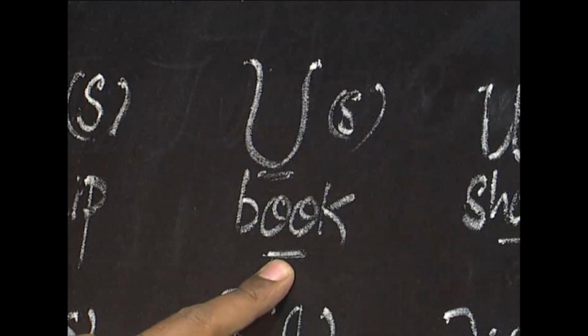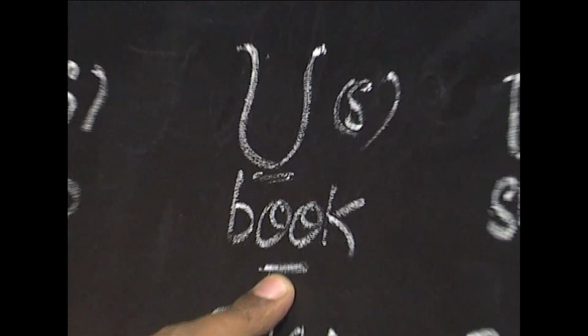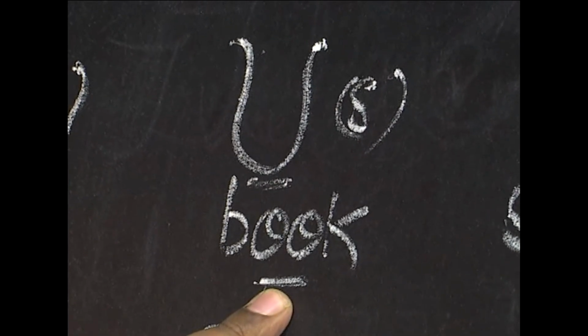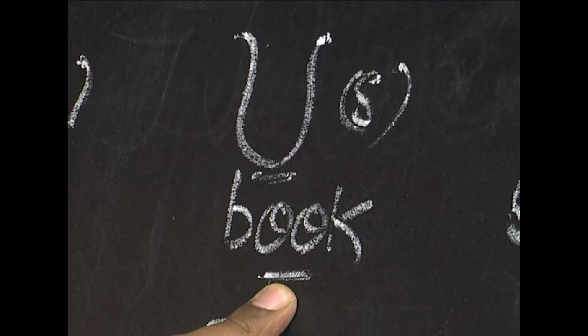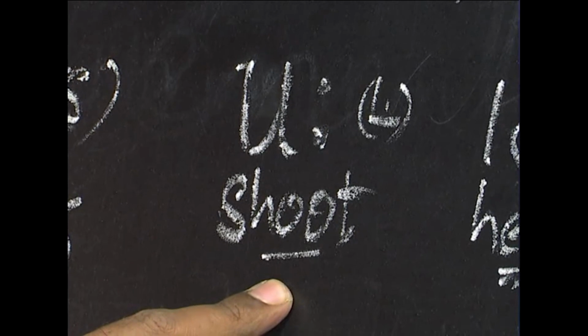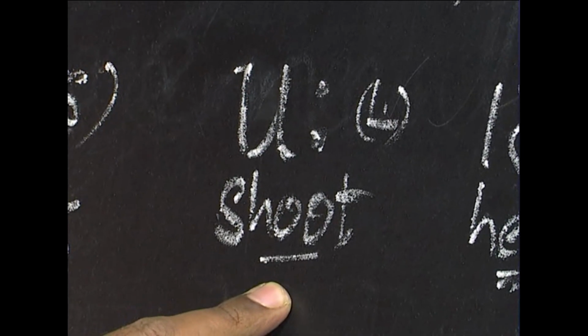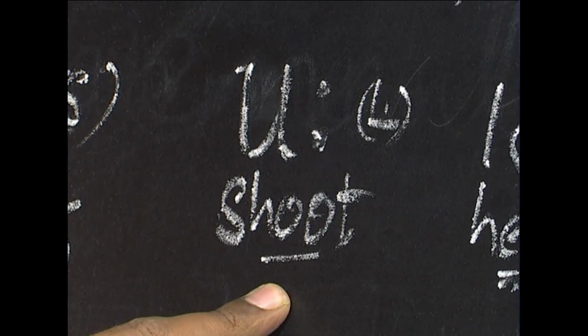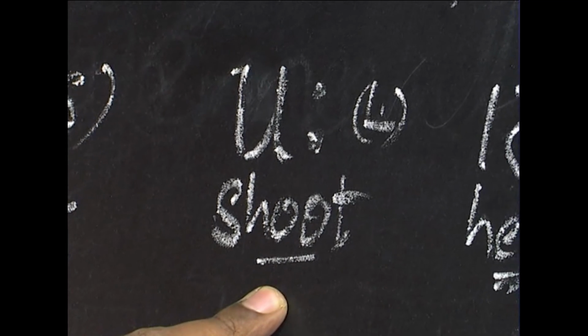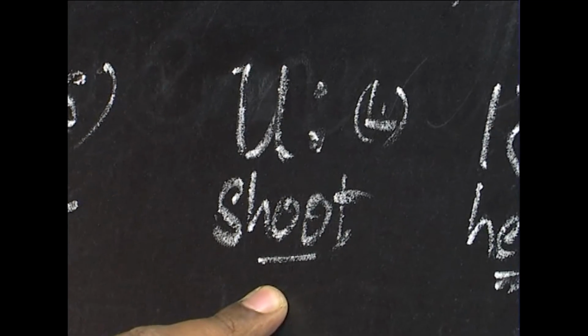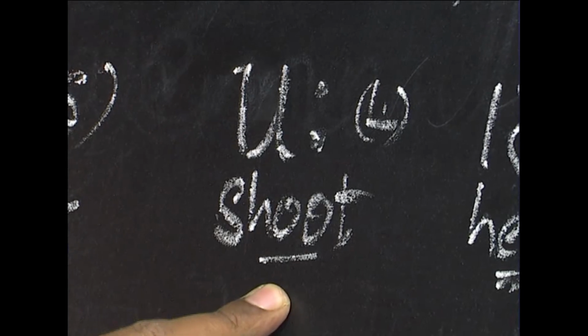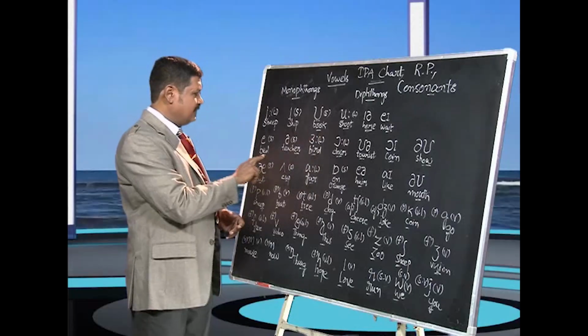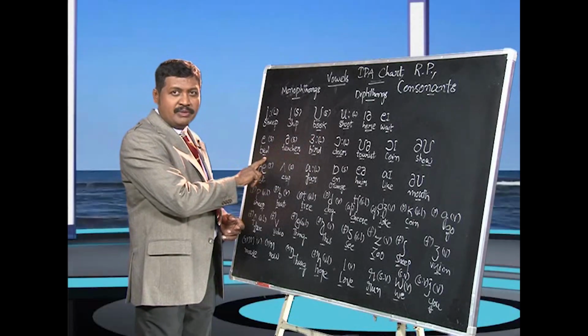Then coming to book, oo, short vowel sound. Book, look, shook. Going to the fourth one in this category, that is a long vowel sound. Shoot, loot. The other one is a short vowel sound again.